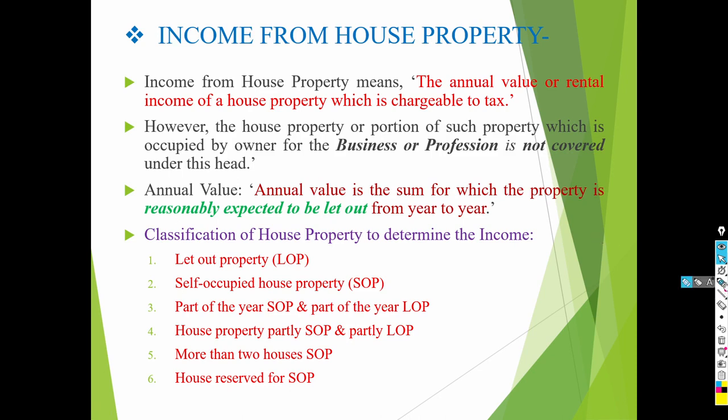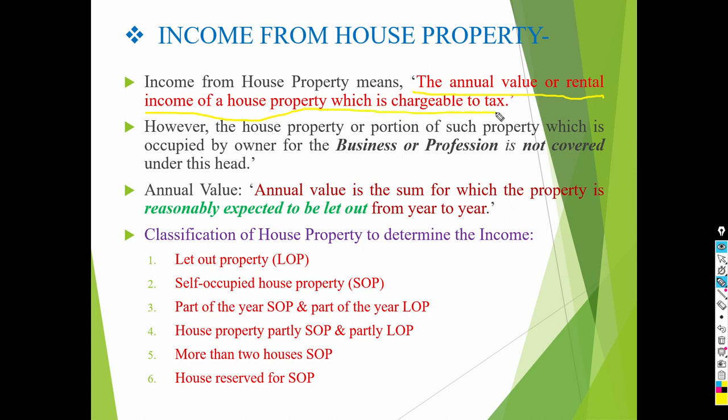Then, the question is, what is meant by income from house property? Let's see. Income from house property means the annual value or rental income of a house property which is chargeable to tax.